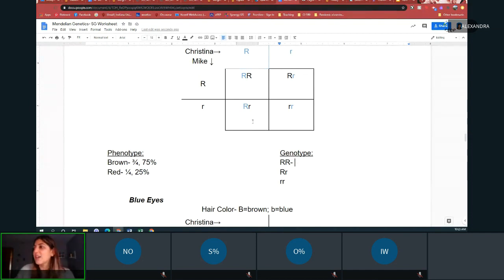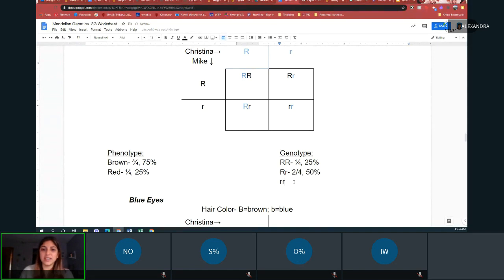Good, Bella. Yes, 1/4 or a 25% chance. What about big R, little r? 2/4, good, you guys. You guys are getting the hang of it. 2/4 or 50%.